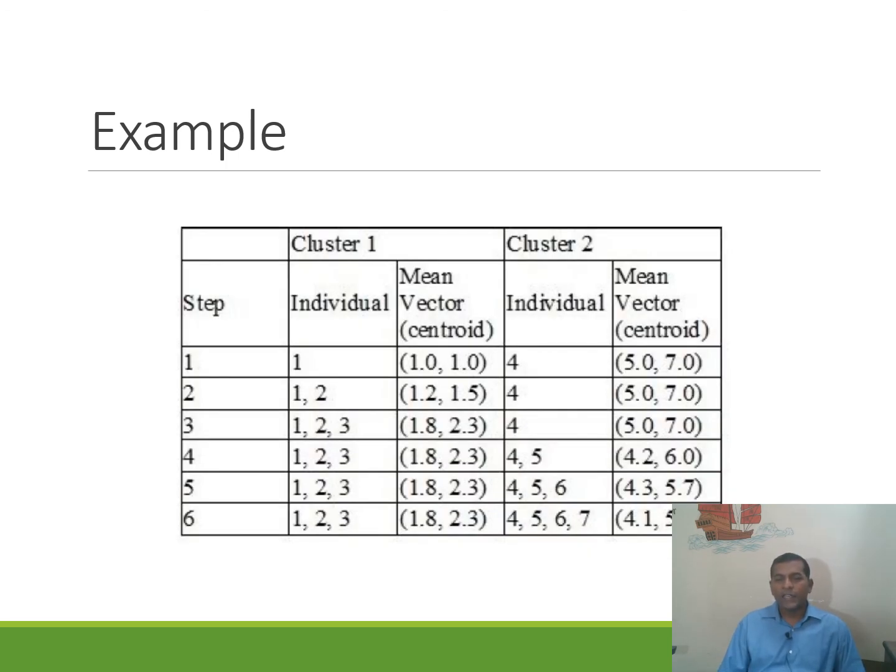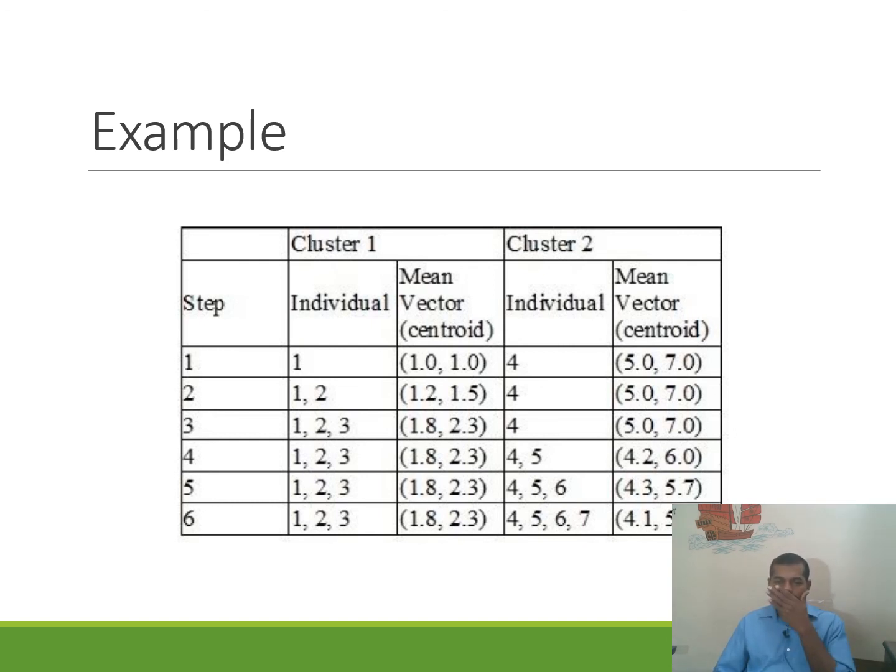Then we keep adding objects into cluster 1. We have added 2 into the cluster, and as we have added the second object, these two objects create a new centroid, because the centroid has changed with the new element.